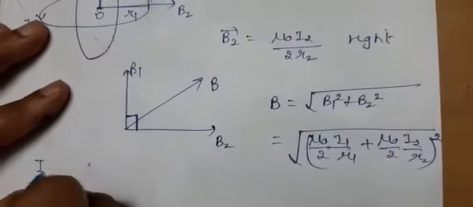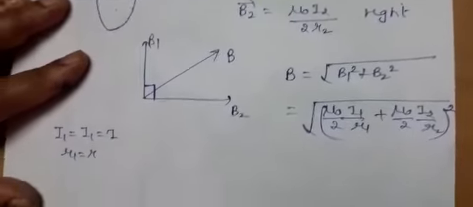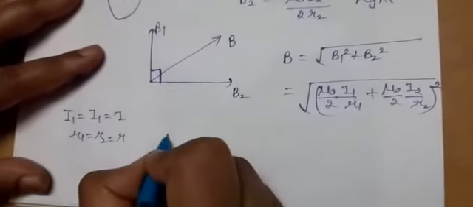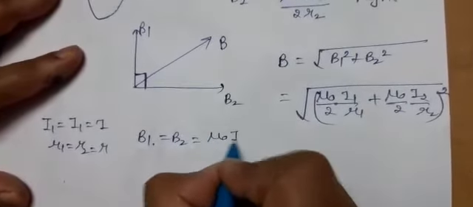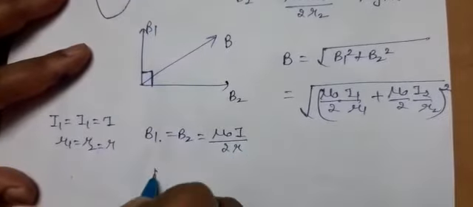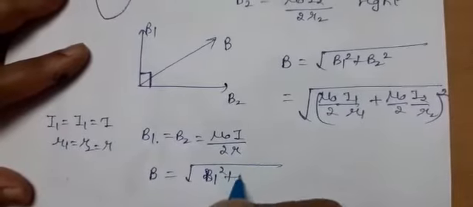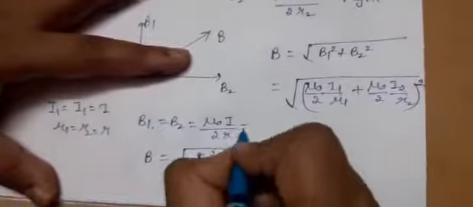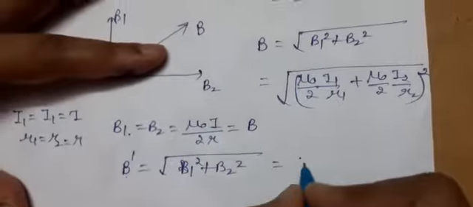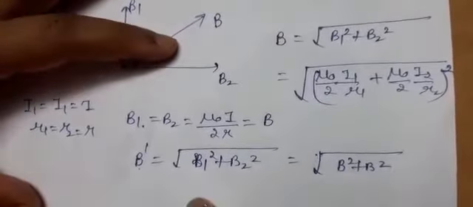But in the same case, if currents are identical and radii are identical, then B1 equals B2, given by mu naught I upon 2R. So net magnetic field will be under root of B1 square plus B2 square. If both values are identical, let me represent this by B, and the resultant is represented by B dash. This is only a symbolic representation, helping you simplify the results.